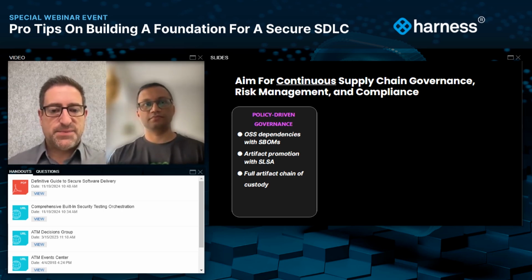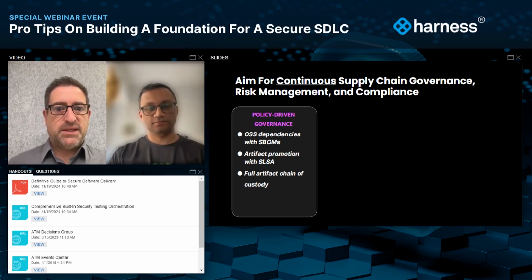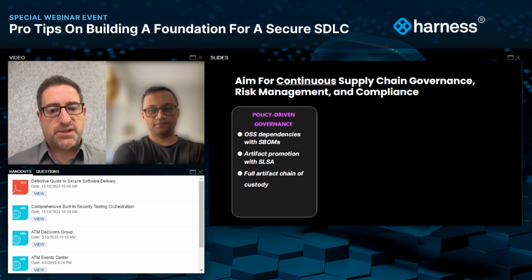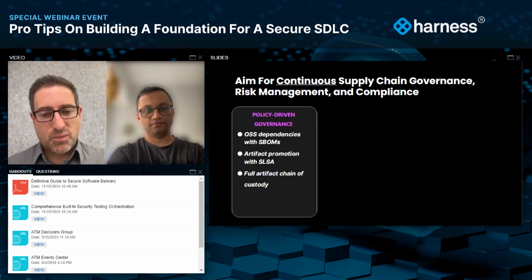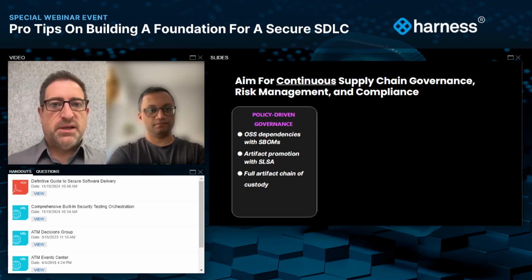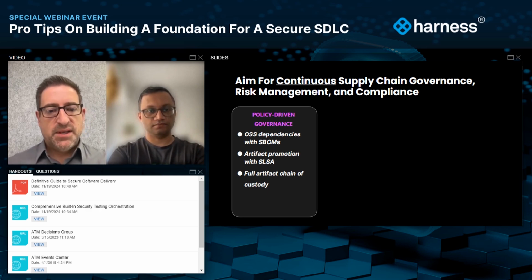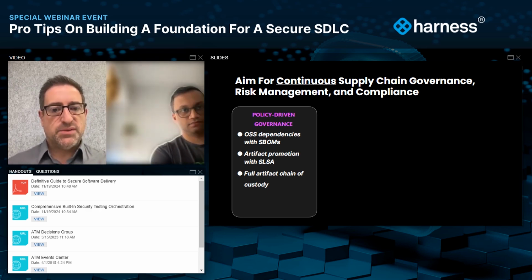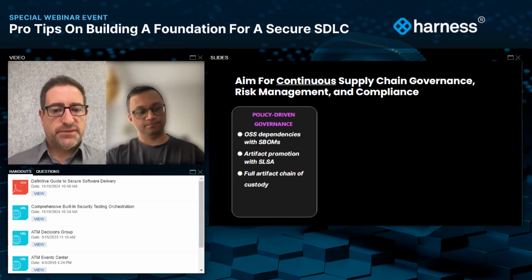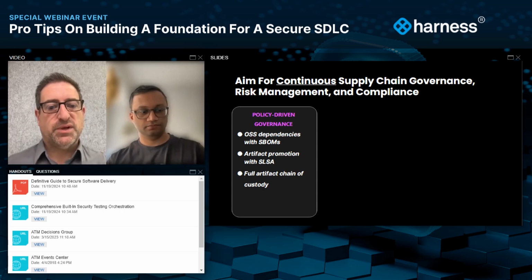Basically, it's a framework established to evaluate trust in a particular software artifact. Where was it built? Was the build infrastructure properly isolated? Is this a way for me to guarantee to my users that the software I'm delivering to them is effectively tamper-free? That's what the SLSA framework is all about.